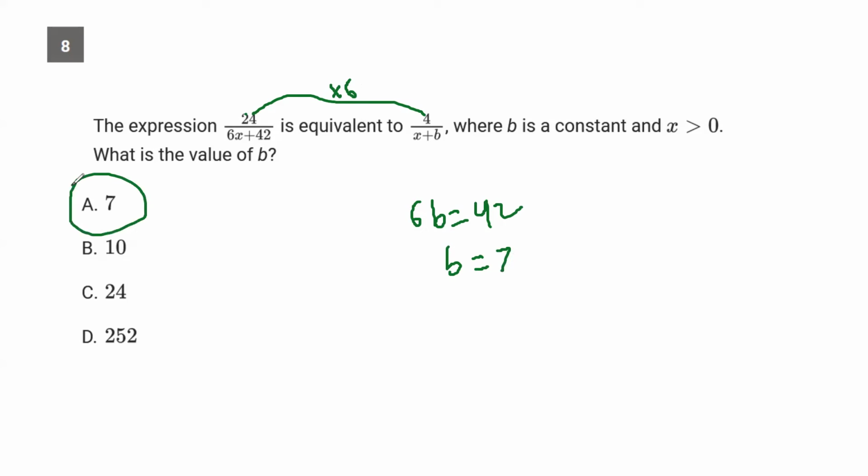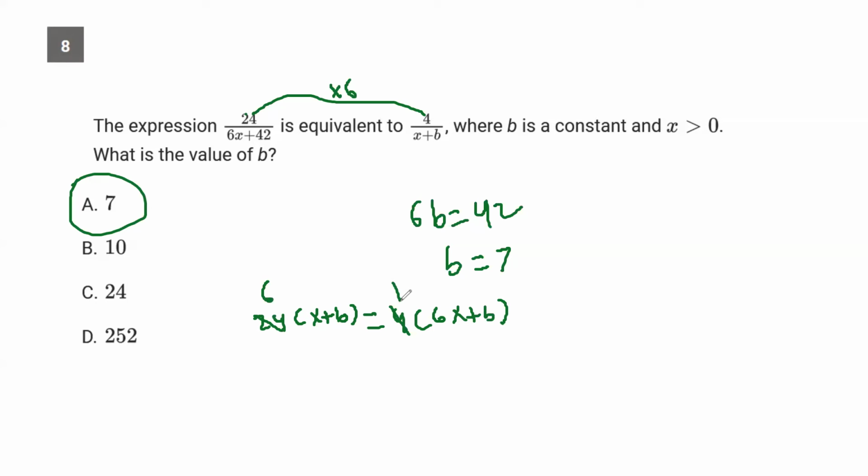And that is A. You could also do it by cross multiplying, and you would then get the part where we do 24 times x plus b equals 4 parentheses 6x plus b. And then you can simplify this to 6, simplify this to 1.